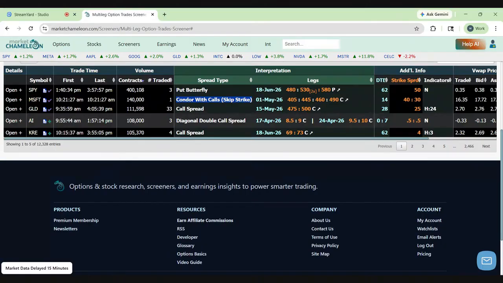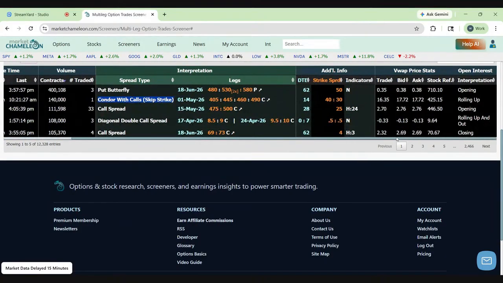Here we also don't know, what happened here? Is it an opening position, closing position? And if we come over here, this is telling us that it's interpreted as rolling up.